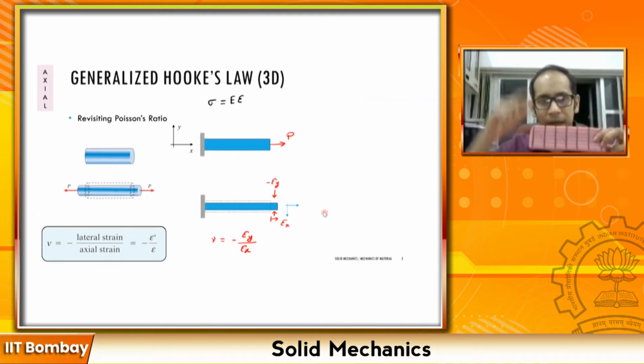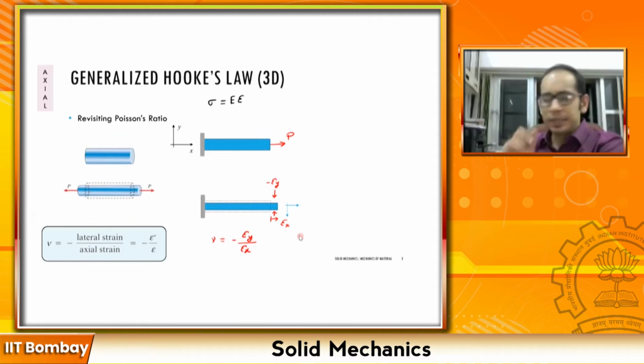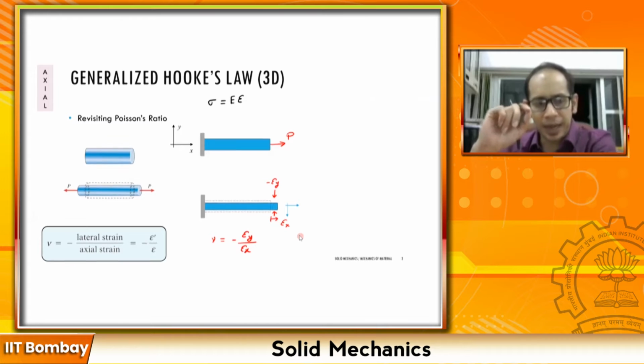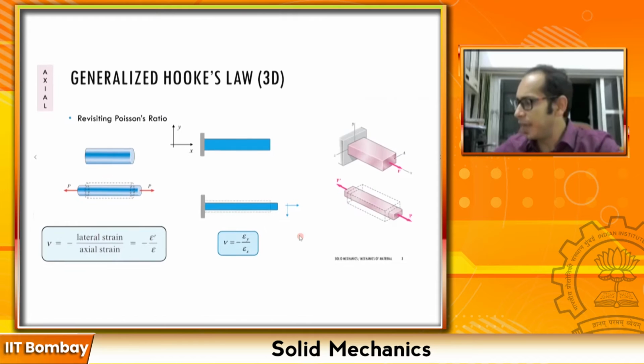It has an x, a y and a z direction, right? So if I am pulling it, in addition to the contraction along the y direction, I would also have a contraction about the z direction as well, right? So if I have to write this particular expression, let's look at this example which I was showing you in terms of a figure. It looks something like this over here.